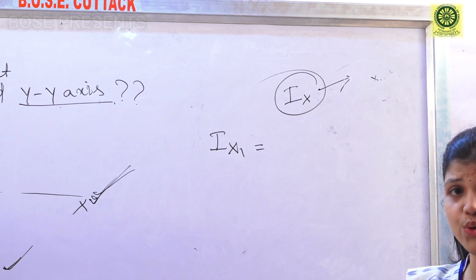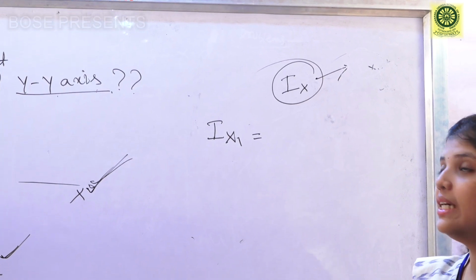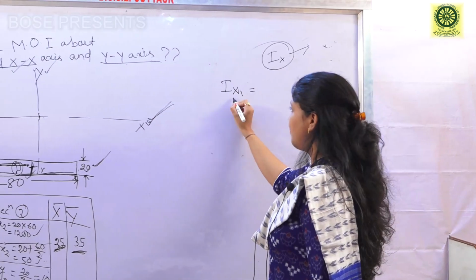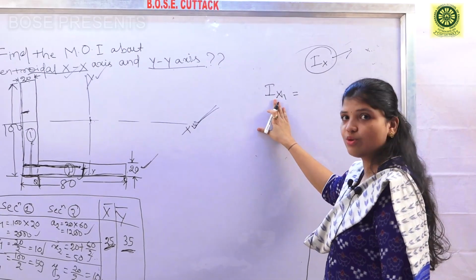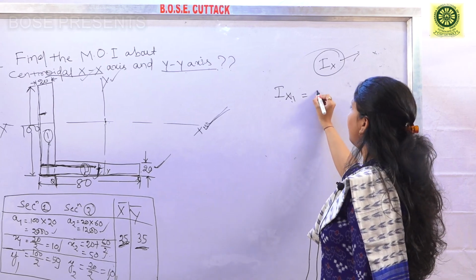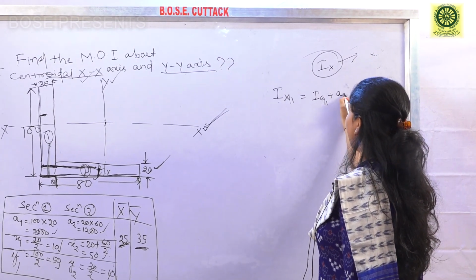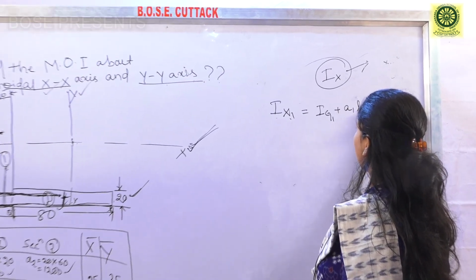You know the parallel axis theorem. If we apply the parallel axis theorem for Ix1, it will become Ig1 plus A1 H1 square.